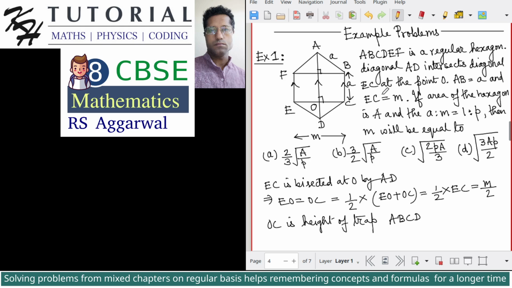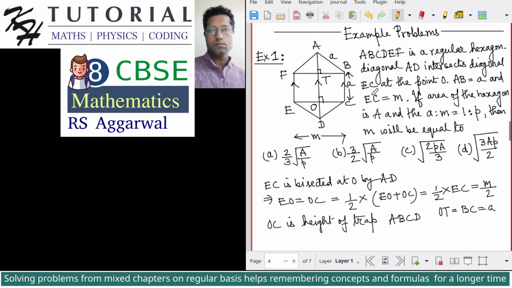The area of the entire hexagon is given as A. Now, let's say FB and AD intersect at the point, let's say T. Now OT will definitely be equal to BC, which is equal to A. That is, FBCE will definitely be a rectangle.